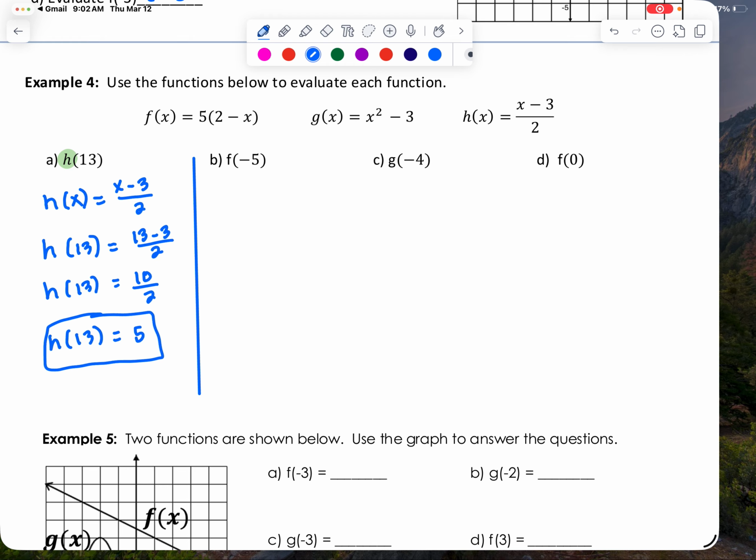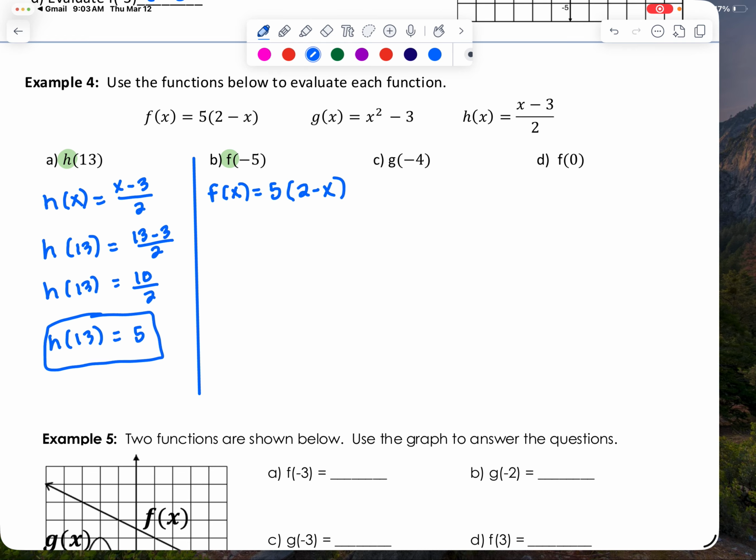Okay. Problem B. In problem B, they're asking us to evaluate f of negative 5. So it's important that you first write down the function rule for function f. The function rule for function f is f of x equals 5 times the quantity 2 minus x.